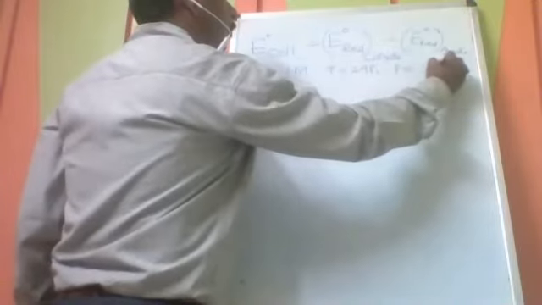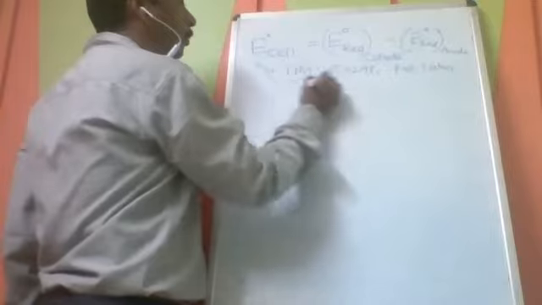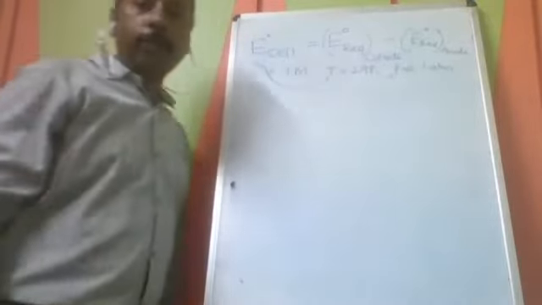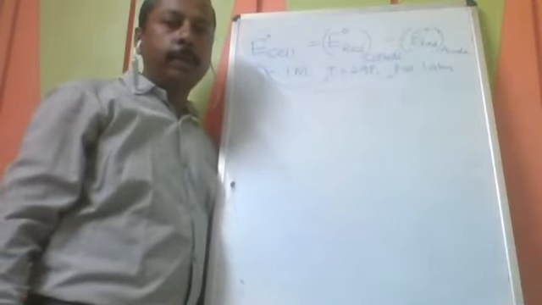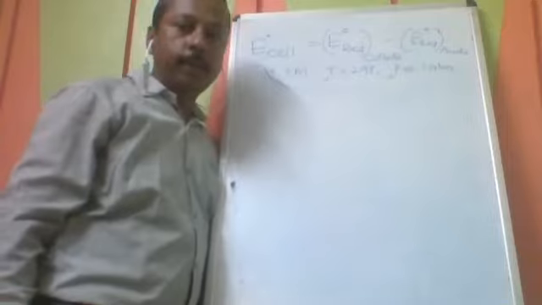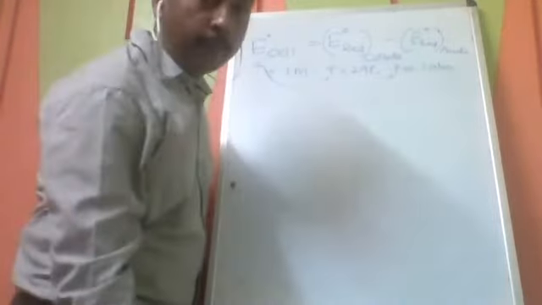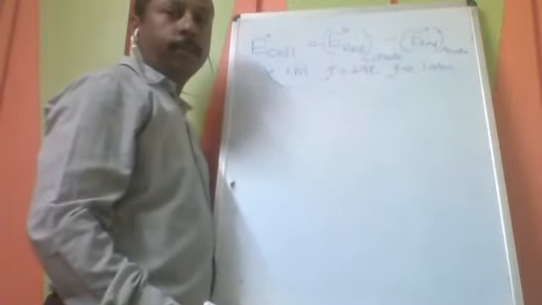If I write E naught, it means I am maintaining three things: 1 molarity of electrolyte, temperature 298, and pressure 1 atm. 1 atm is applicable only if the electrodes are gaseous electrodes.